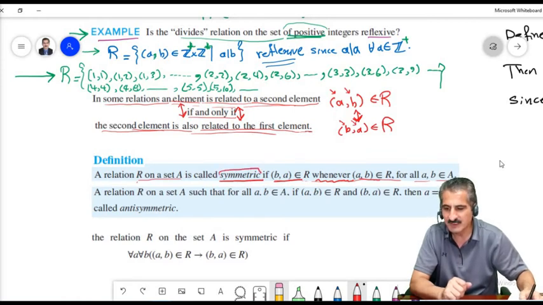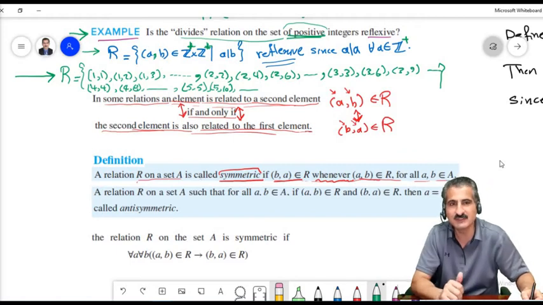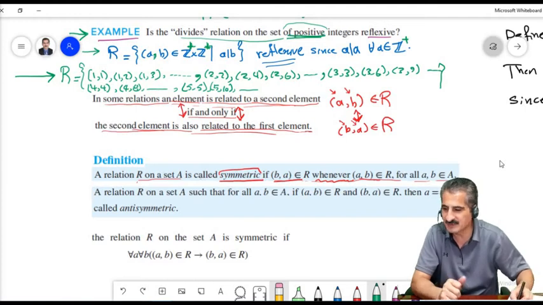And then we call it symmetric. Now, if it happens that there is some element A that relates to B, and also B related to A, this does not happen unless A equals B. This is what I'm saying.